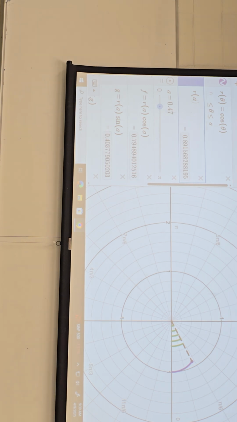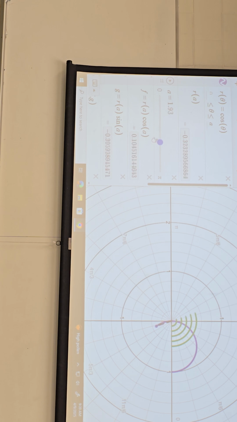So kind of just sweeping around. I get my pi over 2 comma 0. That was one of the points in the table. When you go to an angle of pi over 2, the radius is 0. So I've returned back to the pole.